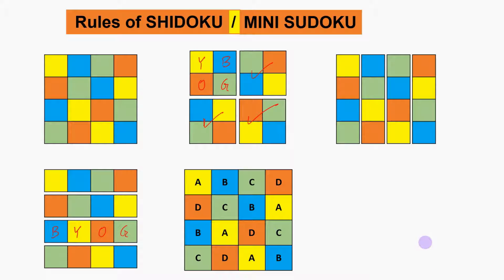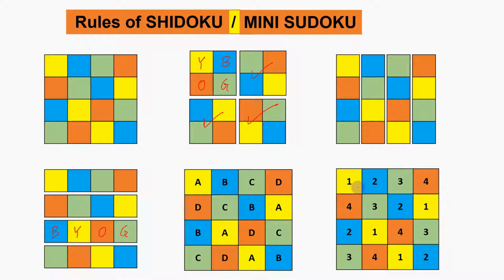Now let us check out a few examples of a Sudoku. So this is a solved example of a Sudoku. This Sudoku can be solved either by using digits or numbers or alphabets or any other thing, be it symbols also. But the most popular Sudoku is by using numbers, that is 1, 2, 3 and 4.